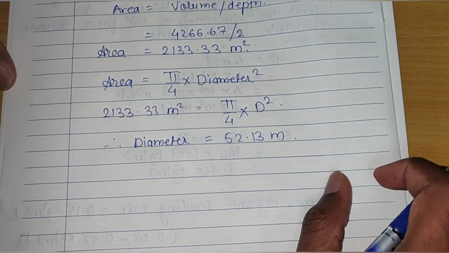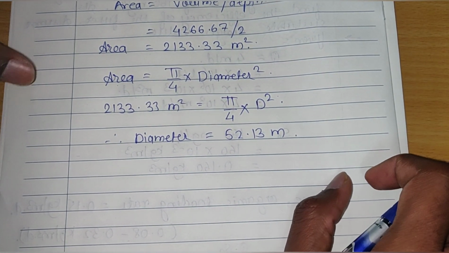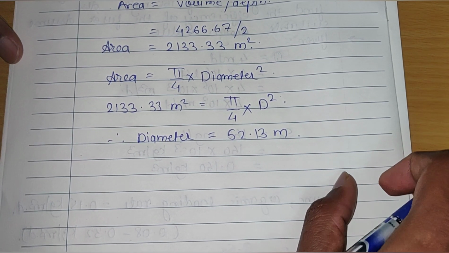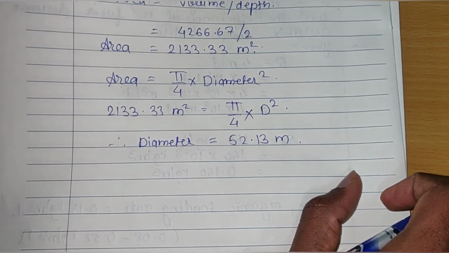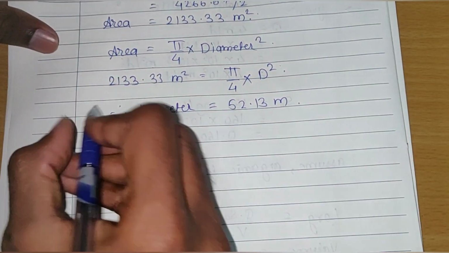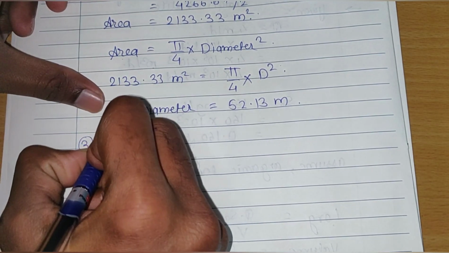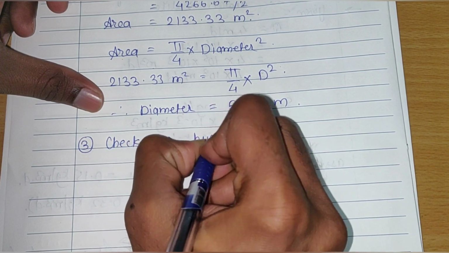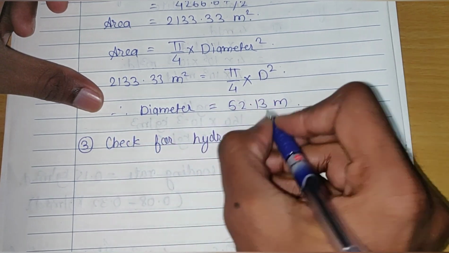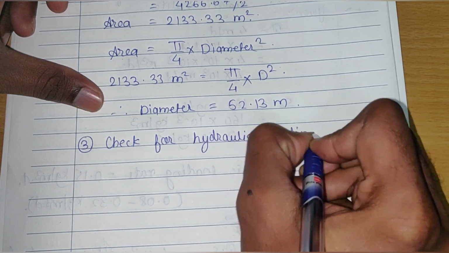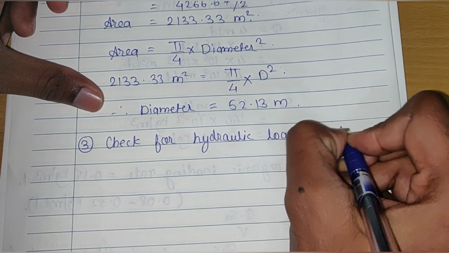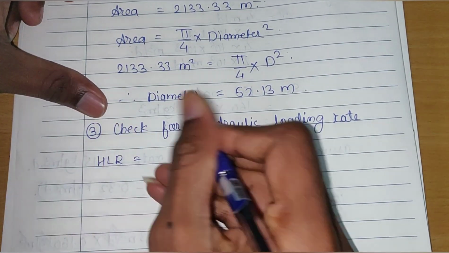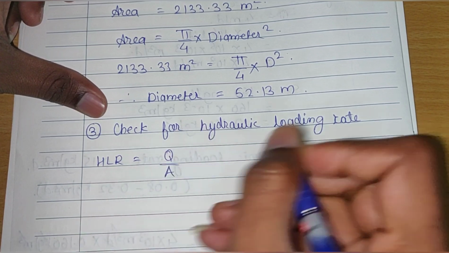Now we have assumed the value of organic loading rate and the value of depth, so we need to check those assumptions. Let's check the hydraulic loading rate. Hydraulic loading rate HLR is equal to Q upon area.